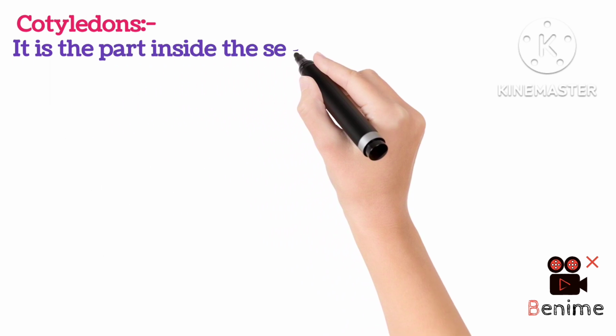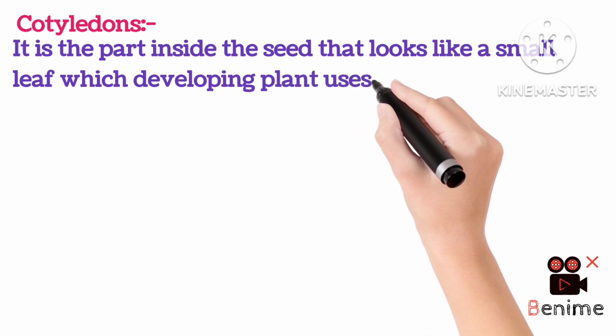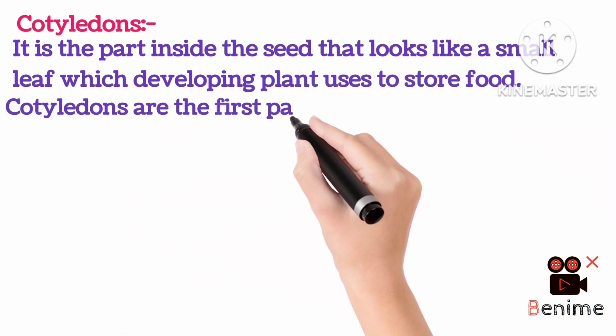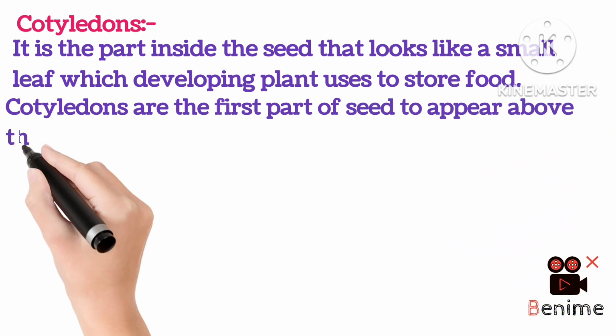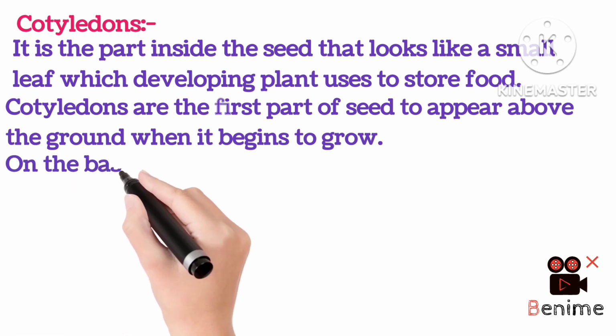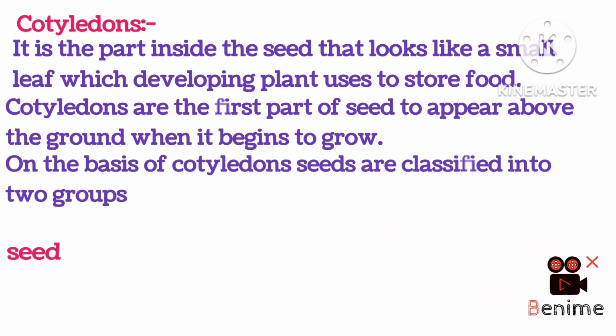Cotyledons. It is the part inside the seed that looks like a small leaf, which the developing plant uses to store food. Cotyledons are the first part of seed to appear above the ground when it begins to grow. On the basis of cotyledons, seeds are classified into two groups.